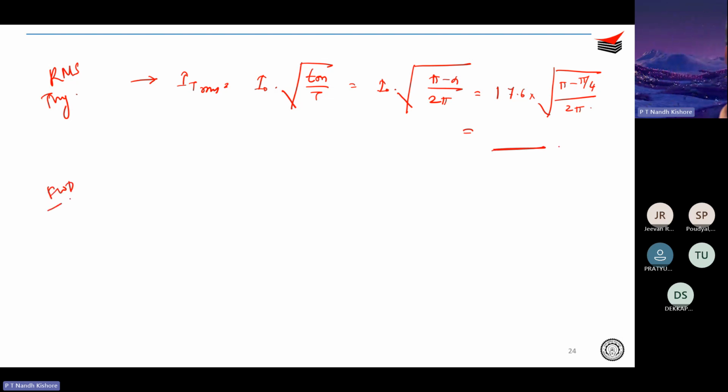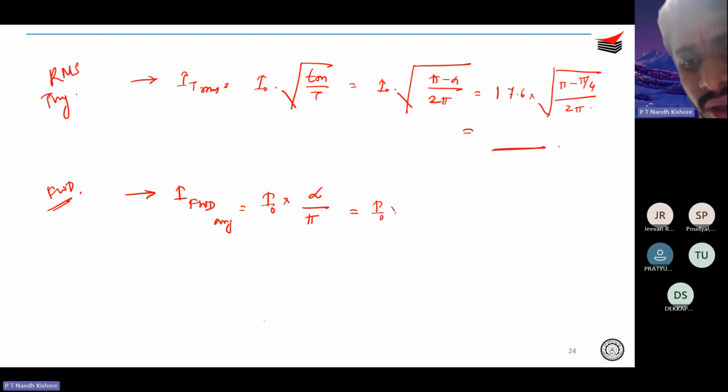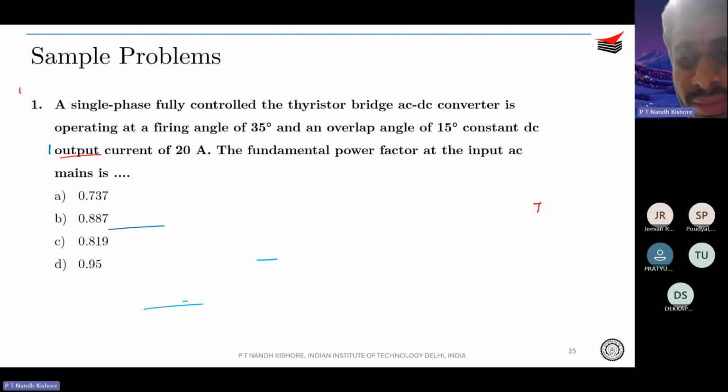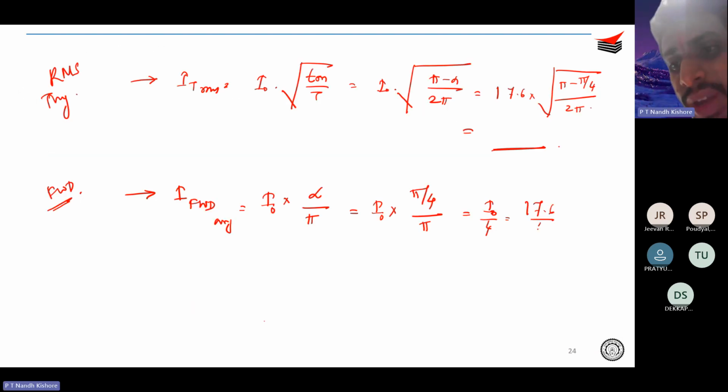Similarly, for the freewheeling diode, the average current is going to be I naught into, it is on for alpha duration in every pi interval. So alpha divided by pi, right? So I naught into alpha, which is 45 degrees, therefore pi by 4 divided by pi, or I naught by 4, which is 17.6 by 4, around 4.4 amperes.